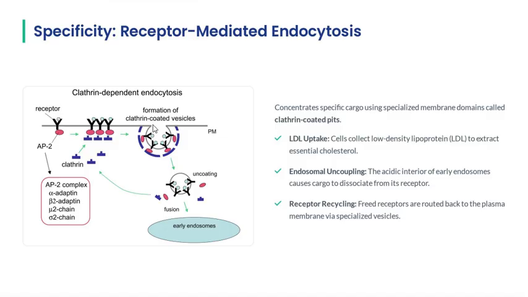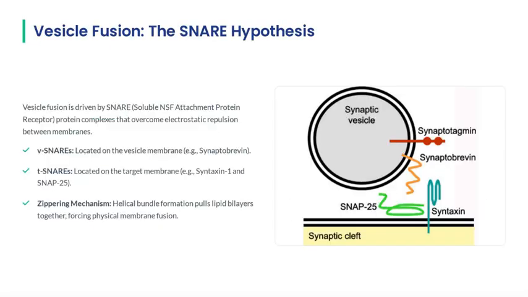This is the cell membrane around the cell, and we see the formation of the clathrin-coated vesicles here. We have also calcium binding to the AP2 here. If you want to pause it, you can look more in depth. But we're going to move on to vesicle fusion, or the SNARE hypothesis.